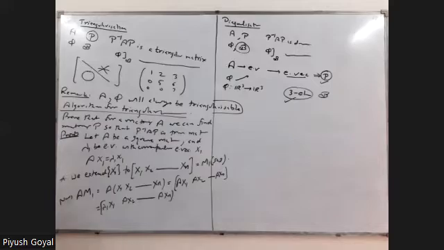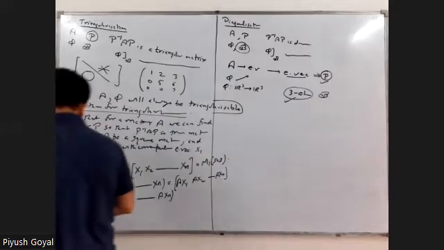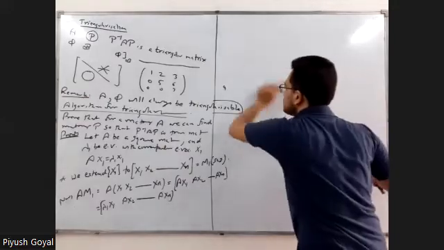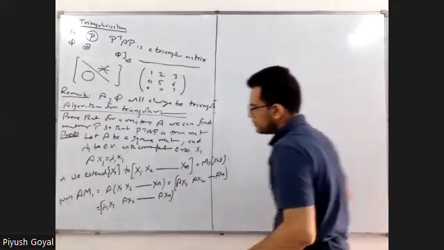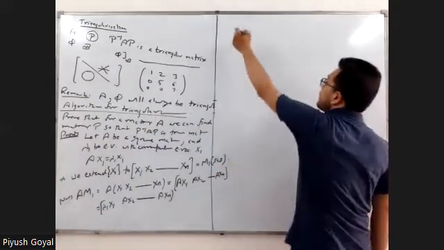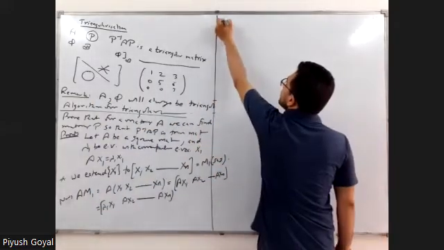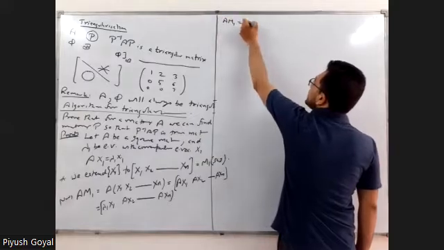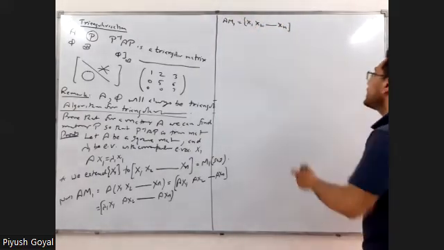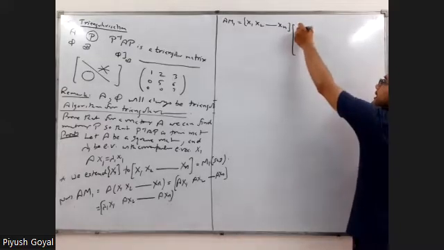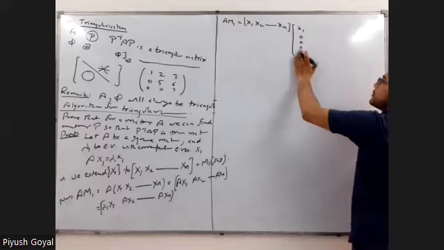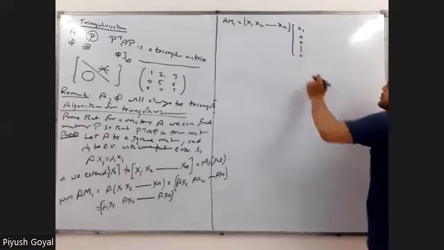Now the next step is, if you take this x1, x2 up to so on xn out, this thing will become lambda 1, 0, 0, 0, up to so on 0.